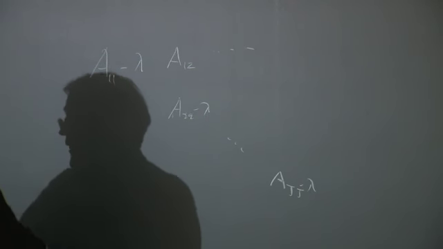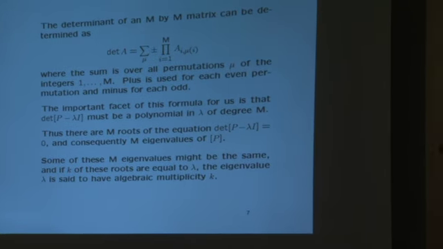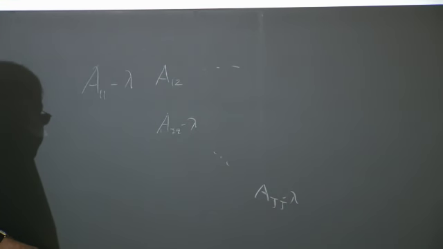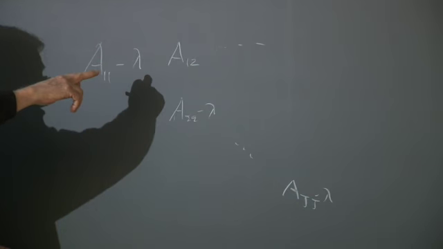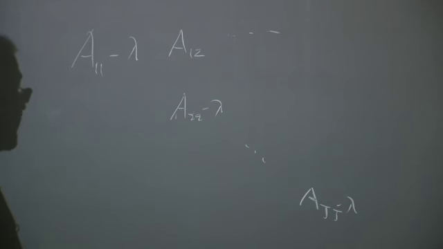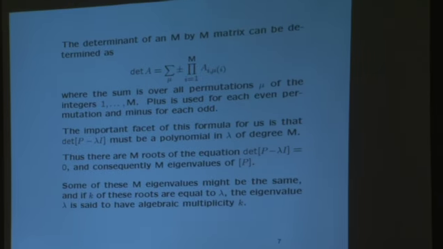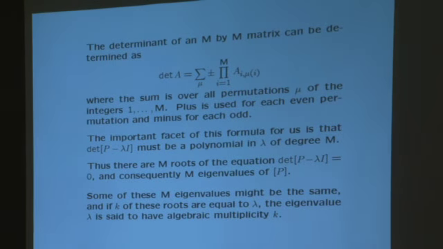So when you're looking at this formula for the determinant, one of the permutations is this diagonal one, which is a polynomial of degree j in lambda. All of the others are polynomials of degree less than j in lambda, and therefore this whole mess is a polynomial of degree j in lambda. So the equation determinant of P minus lambda I equals 0 is a polynomial equation of degree j in lambda.